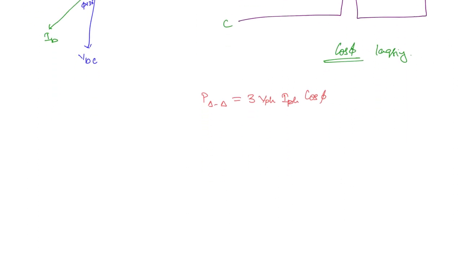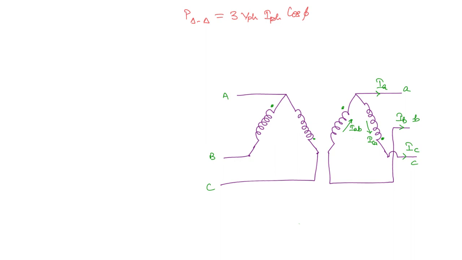Now we will see the open delta connection. Here we have removed the BC winding. Now if you consider the phasor diagram, the line currents IA, IB and IC are going to remain as they are, the phase relationship, okay, and the voltages as well. So what was the phase difference between the voltages and the currents?